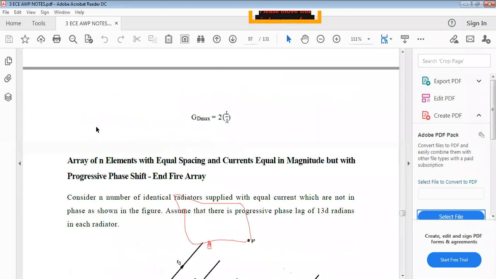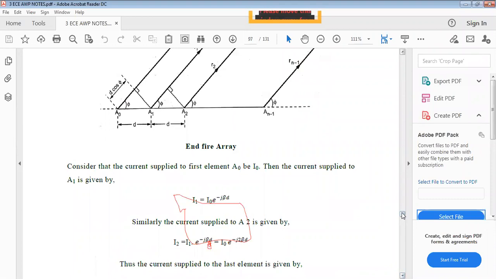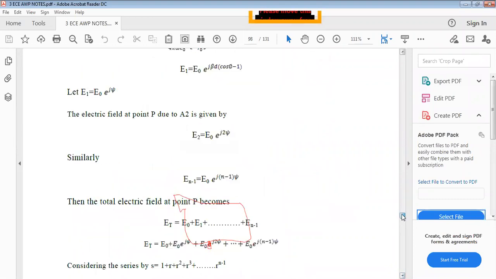See here, the next derivation is an array of n elements with equal spacing and currents equal in magnitude, but with unidentical phase. Just like a two element array, combinations 0 0, 0 1, 1 0 and 1 1. Here we have to show that phase difference.